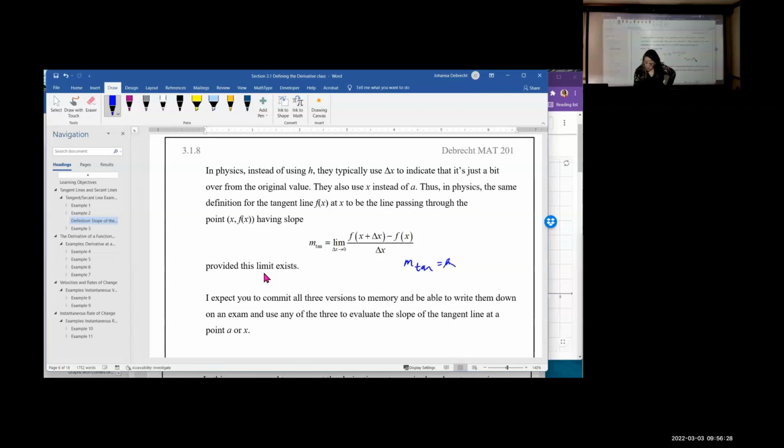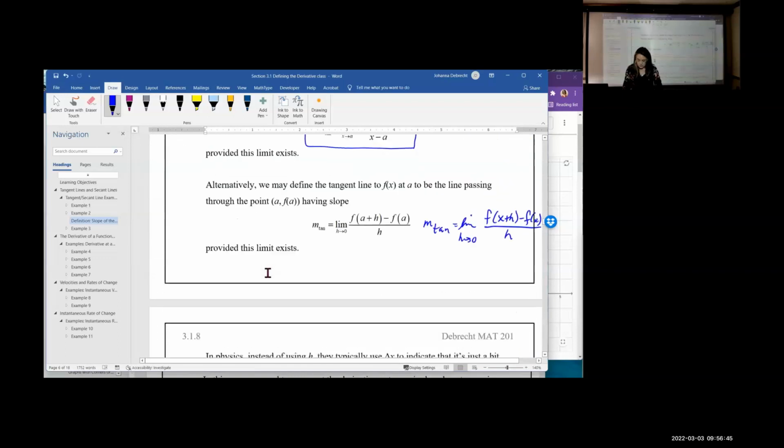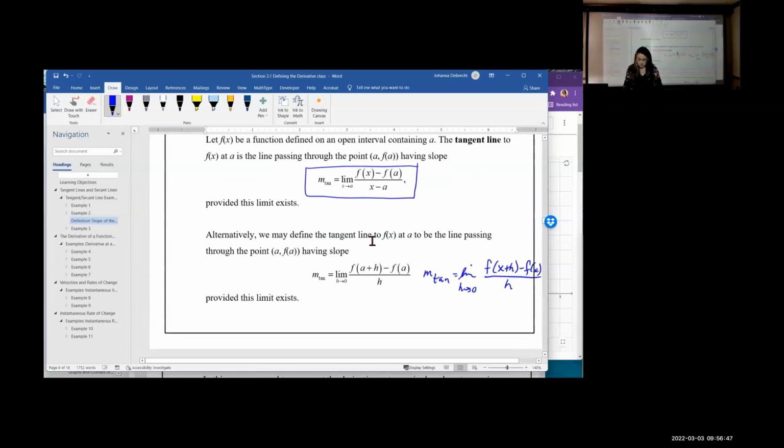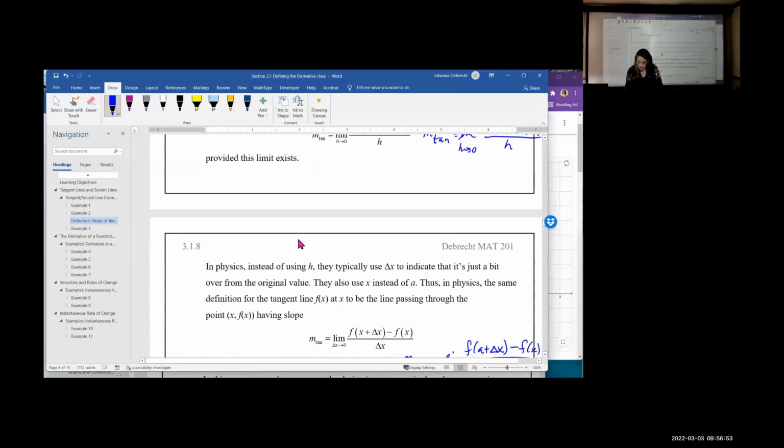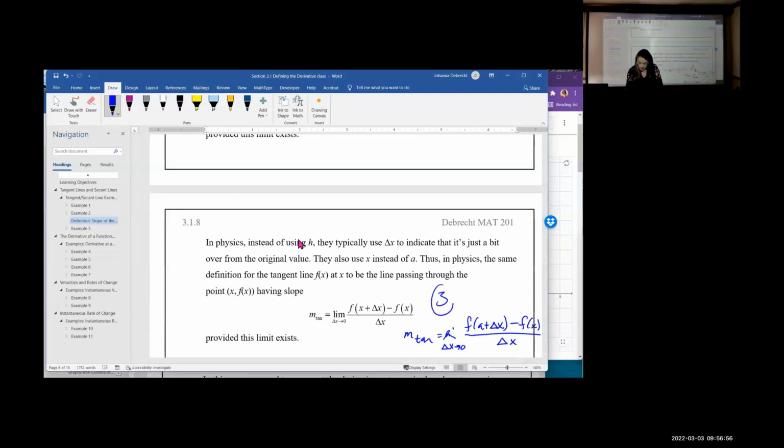So this is also written sometimes as the limit as delta x goes to 0 of f of a plus delta x minus f of x over delta x. So I will expect you to write one of these two, and this one. So this is the first one. One of these two is the second one with h, and this is the third one with delta x. All right.